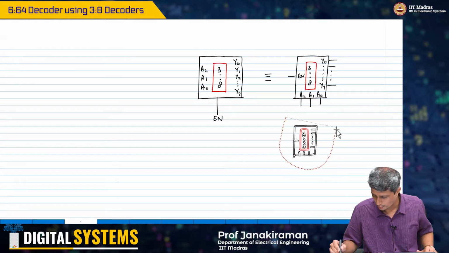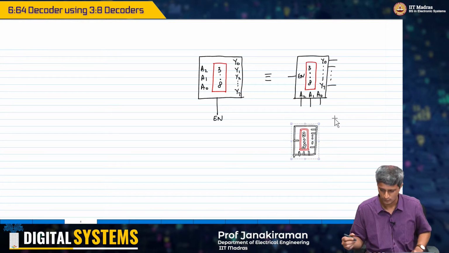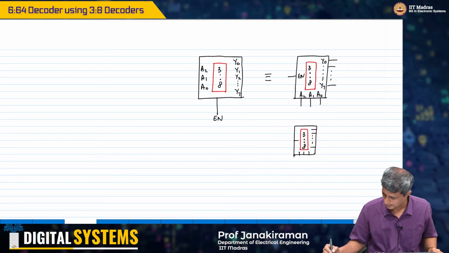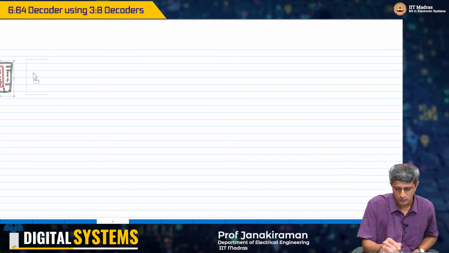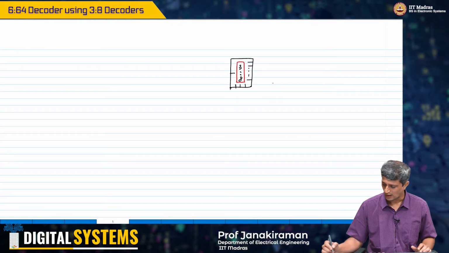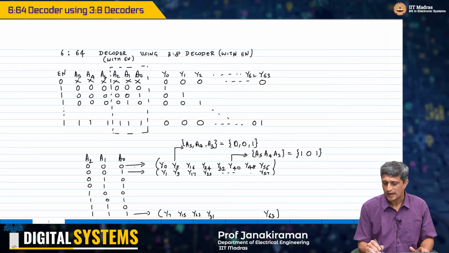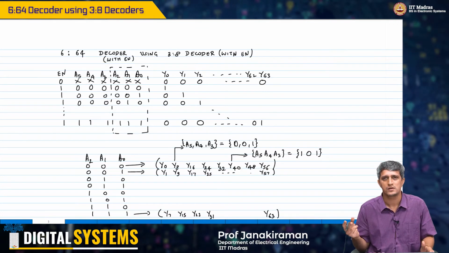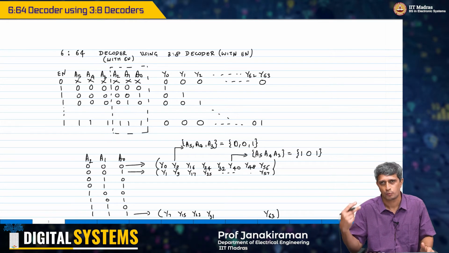So let me make a copy of this. So first of all, what you see is there are 8 sets of, for each A2, A1, A0, there are 8 such outputs that are possible.